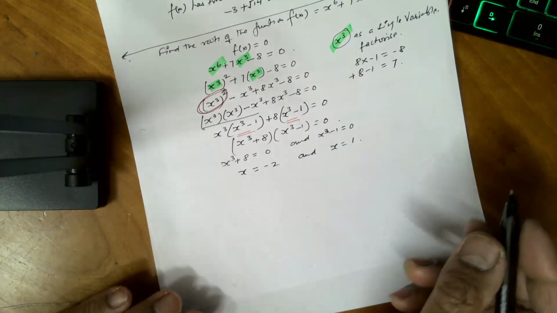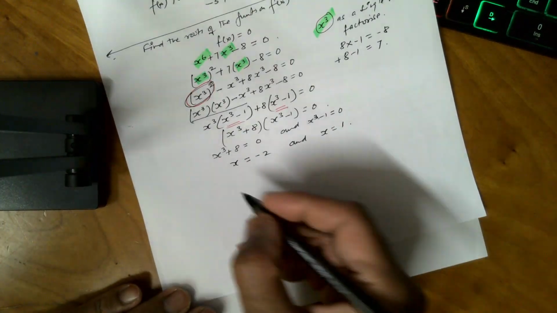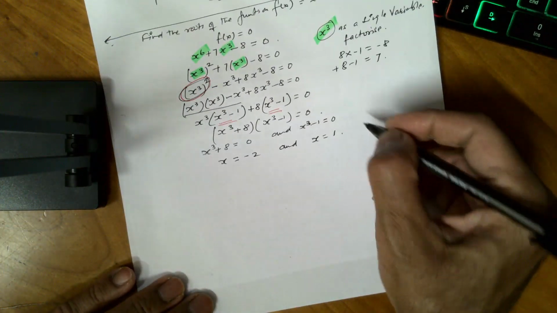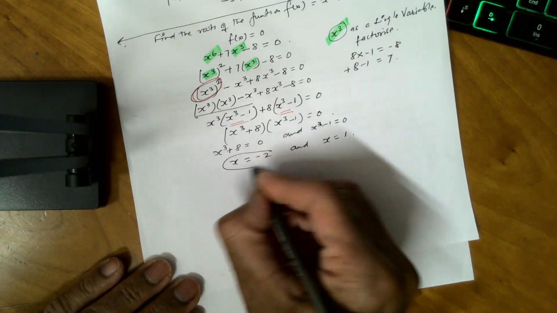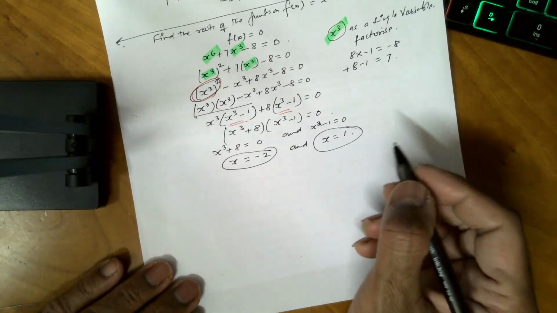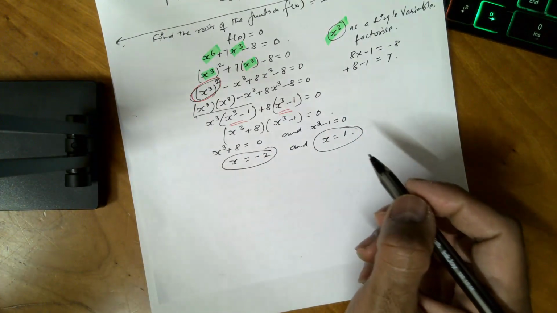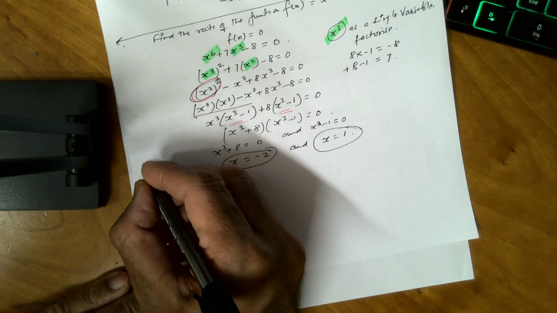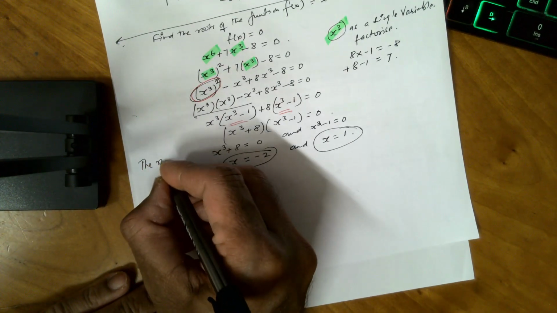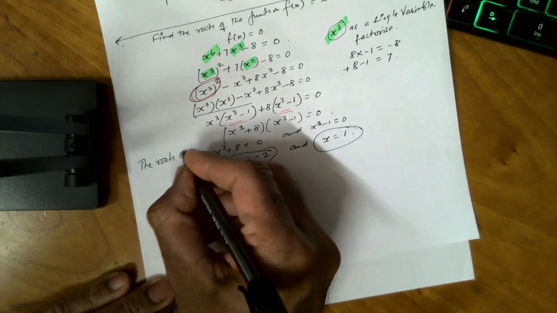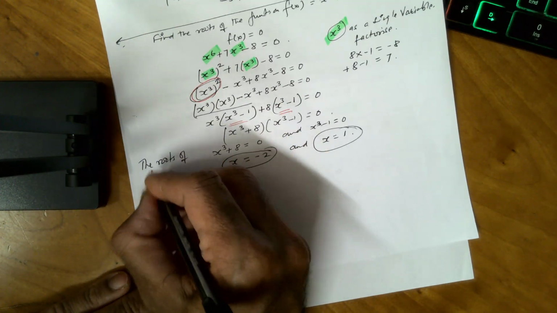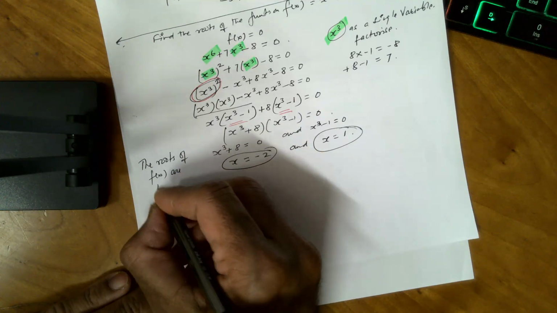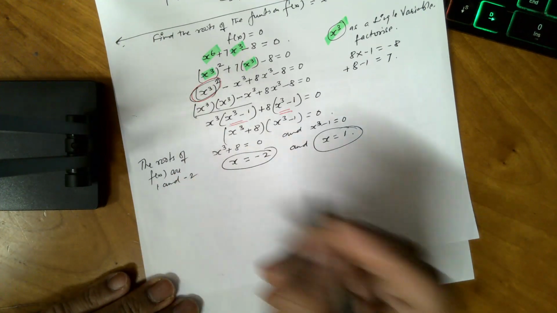So the roots of fx here, I can probably write here. So roots of the fx here is 2 roots. So that is 1 and minus 2. So I'll just write down here for you. The roots of fx are 1 and minus 2.